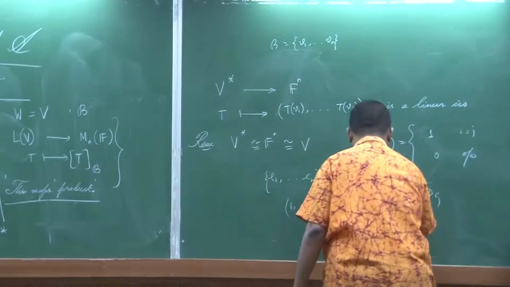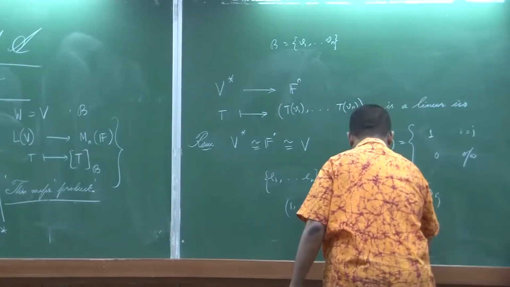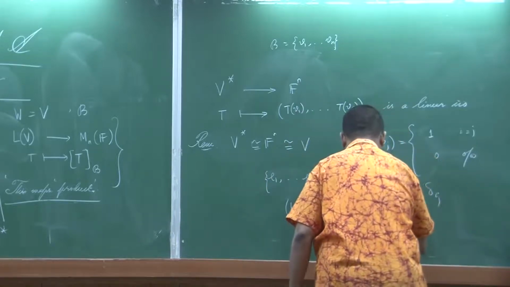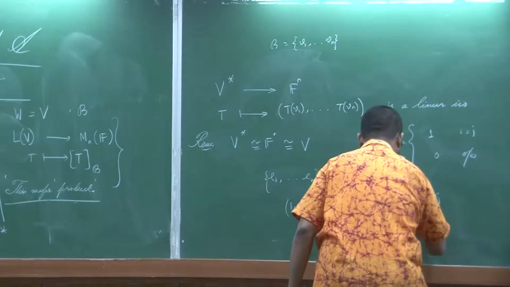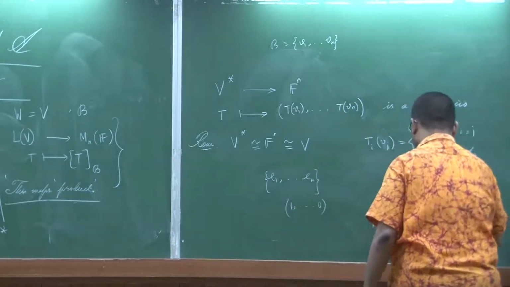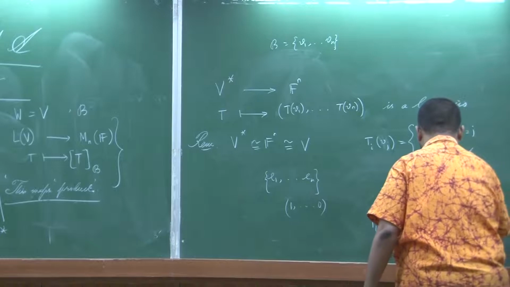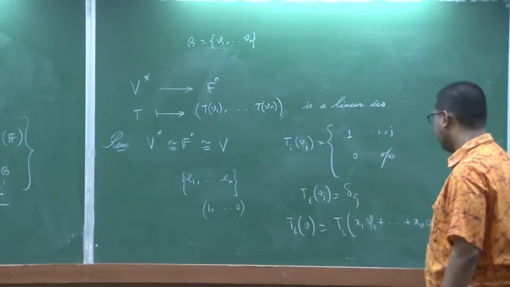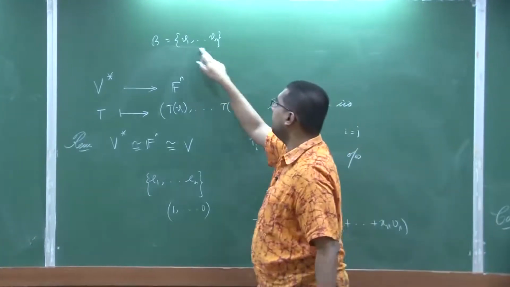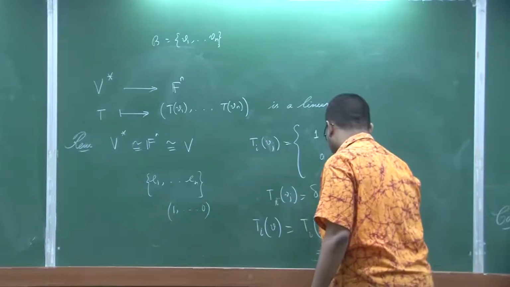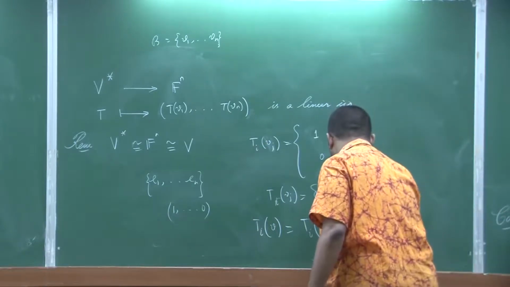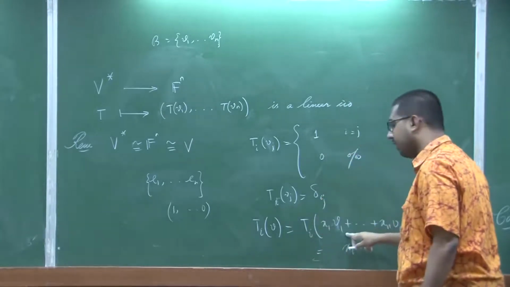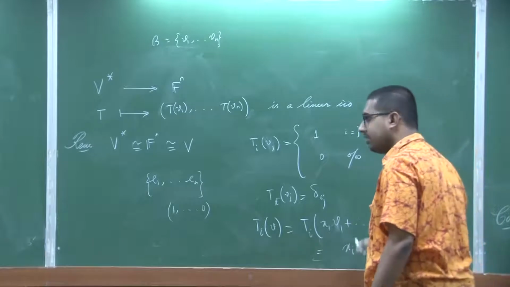Or more generally, what is Ti of x, Ti of a general vector? If we write V as a linear combination of V1, V2, ..., Vn, then what we see is xi Ti Vi, right, because x1 Ti V1 will be 0 unless i equals 1, only the ith term will survive.